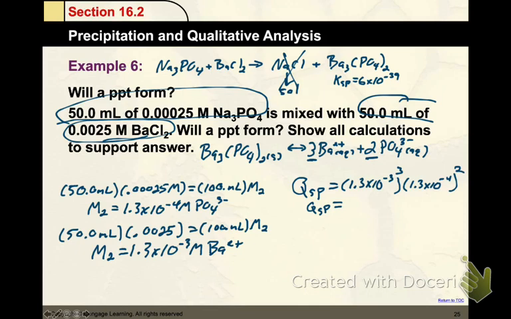And when I plug that in, I end up with something close to 3.7 times 10 to the minus 17.